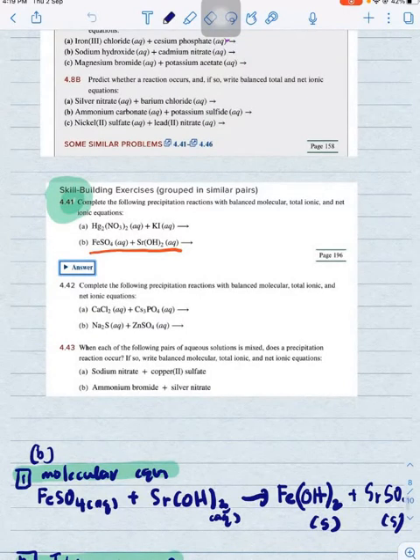Complete the following precipitation reaction with balanced molecular, total ionic and also net ionic equation. So I want you to do on your own untuk yang A tu, okay, as your own practice. Tapi for now, Madam akan bagi masa around 5 minutes for you to try B. Buat B okay.